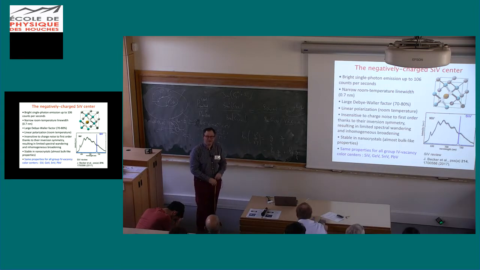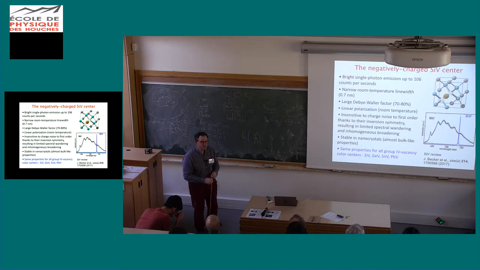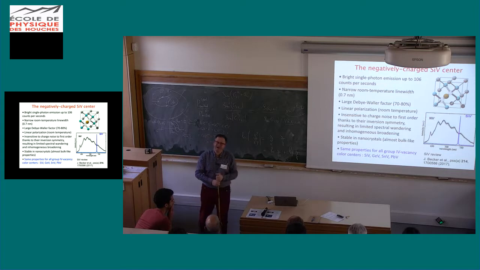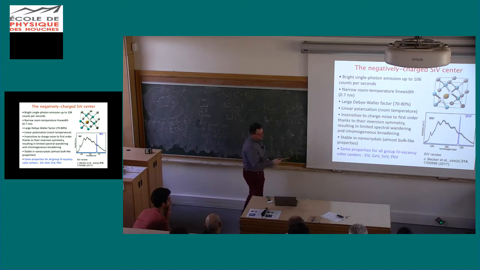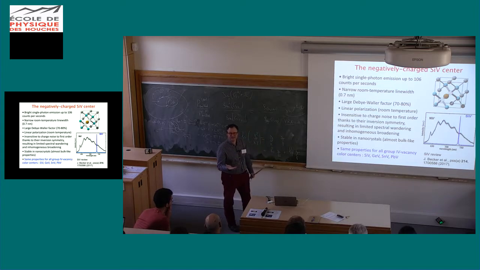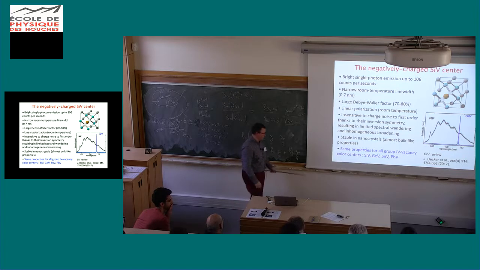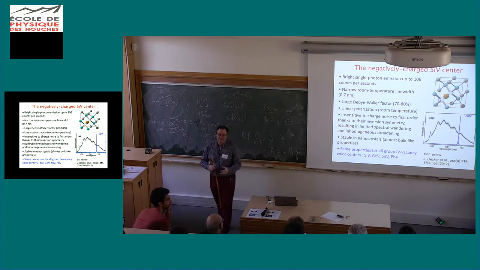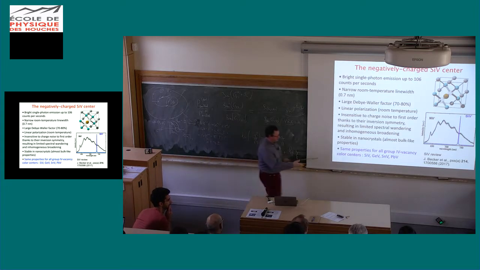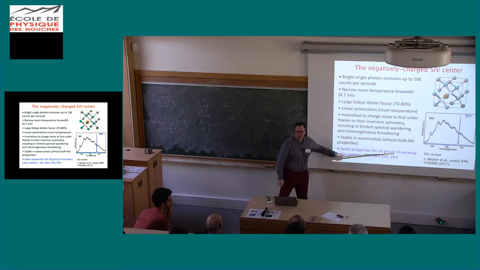There are only strong evidences that this is again due to the effect of fluctuating electric fields that modify the properties of the NV centers in nanostructures, that makes the properties of the NV very different in a nanocrystal than in a bulk. And you have, again, the same properties for all defects that can be built by combining vacancies together with group 4 atoms.